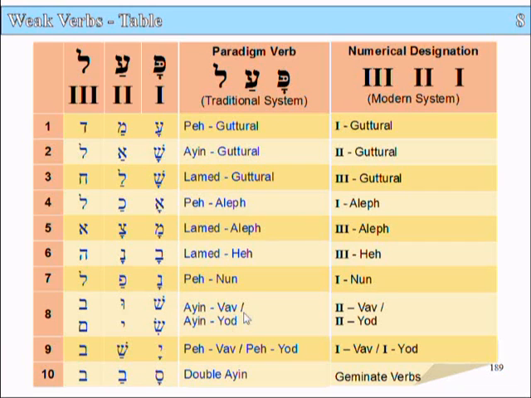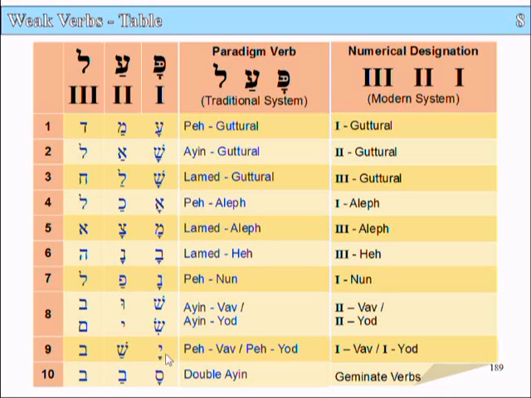Here we see the hollow verbs, the ayin vav and the ayin yod, and that can be a second vav or second yod weak verb. And here we have a verb beginning with a yod. Again, that's a weak verb.